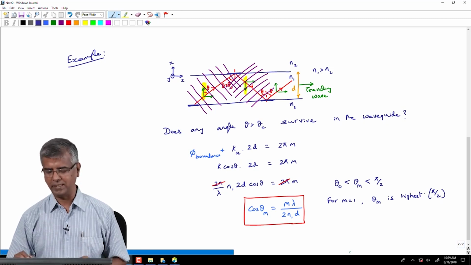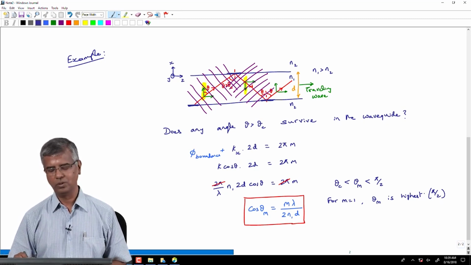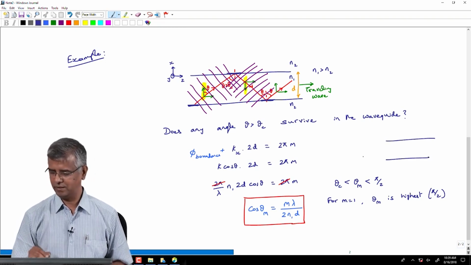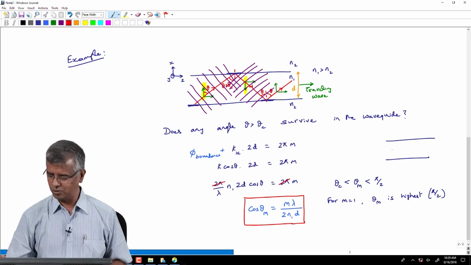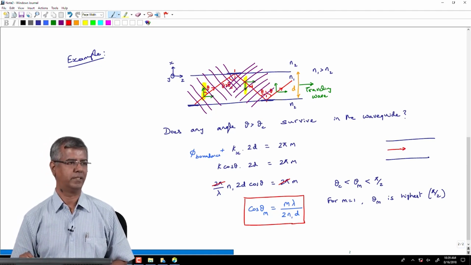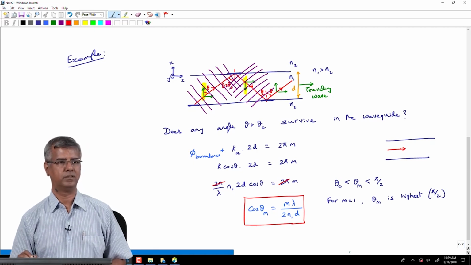So, what does that condition correspond to? Pi by 2. So, if this is my waveguide, pi by 2 corresponds to a condition where I am going straight down that waveguide, right.